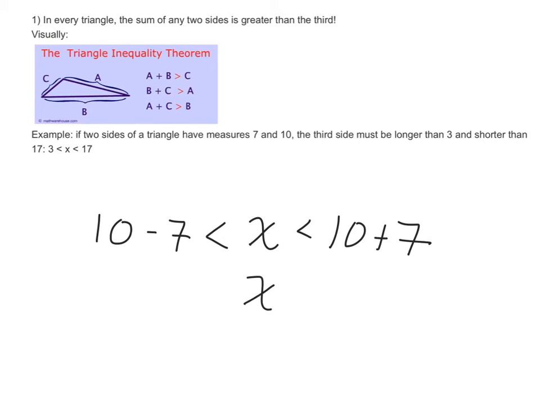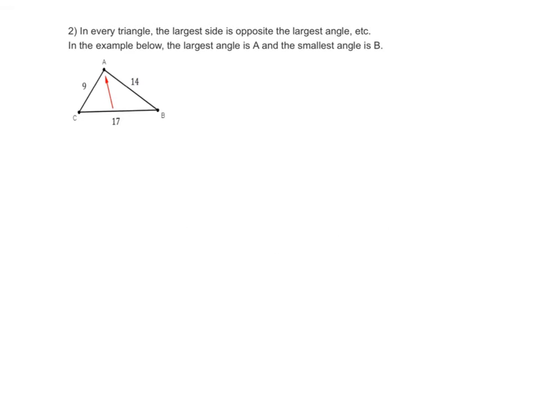So it looks like x has to be stuck between 3 and 17. Any value for x within 3 and 17 would create a triangle. But notice here that I did not use the equality symbol underneath the inequalities because x cannot equal 3 and x cannot equal 17 either.